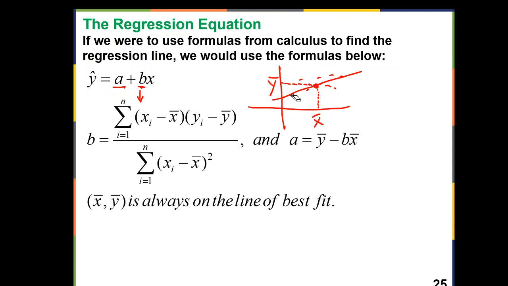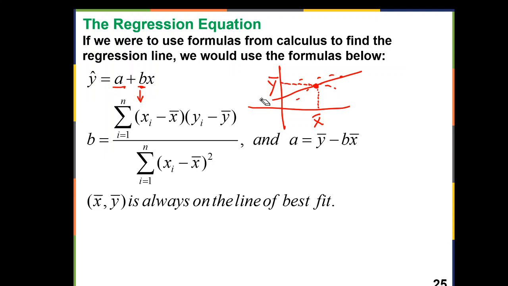The way we calculate the regression line guarantees that it goes through that point. So once we find b, x bar and y bar, we can find a.